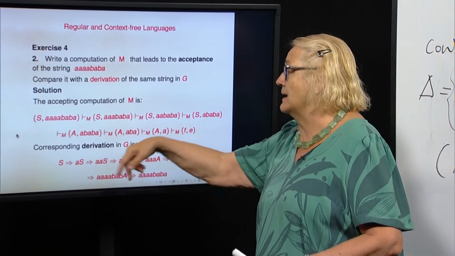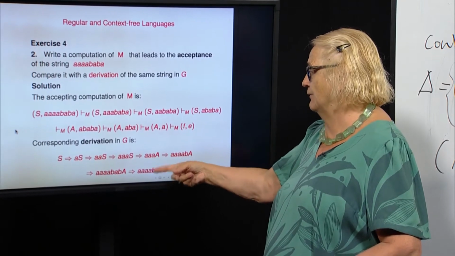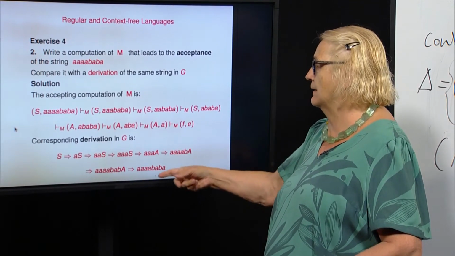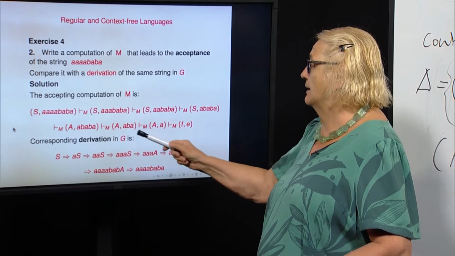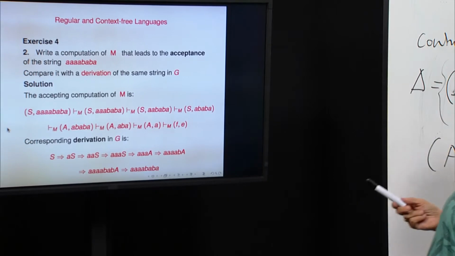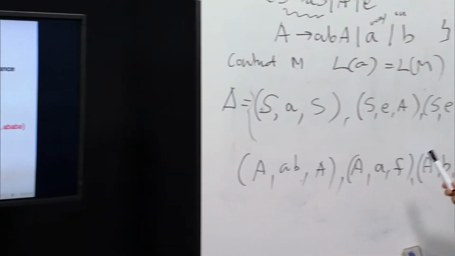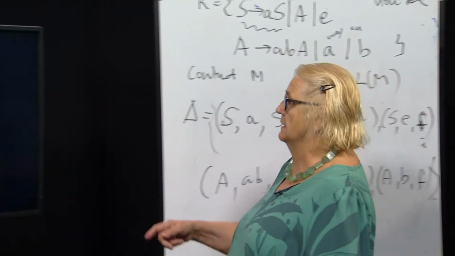And now I am in the state A, I read, because it has to mimic whatever the grammar was doing. In A, reads A. And so in a state A, reads AB, you see here.